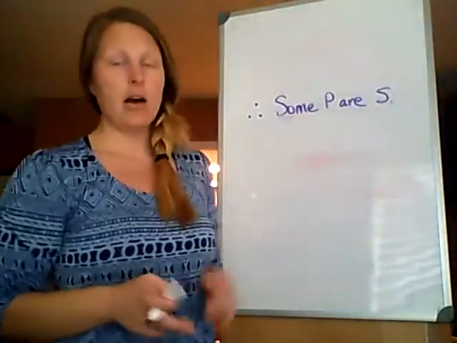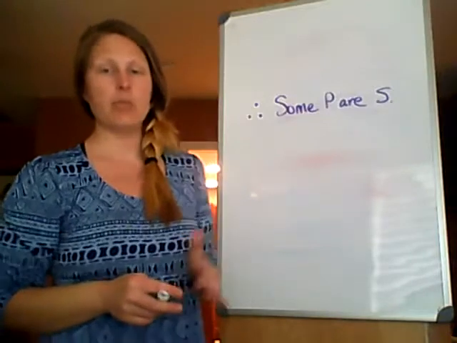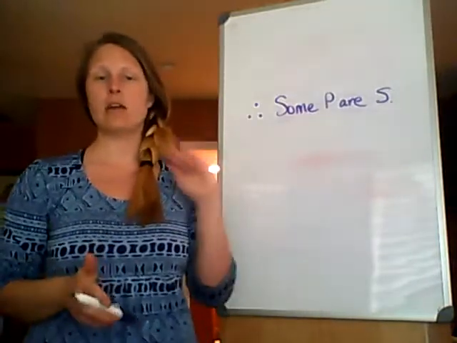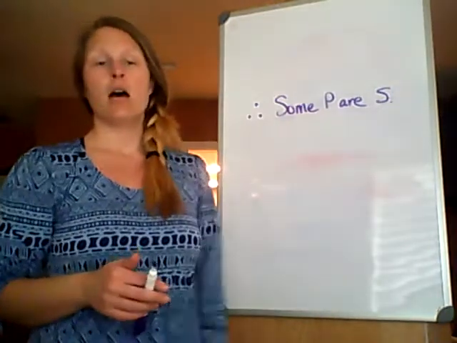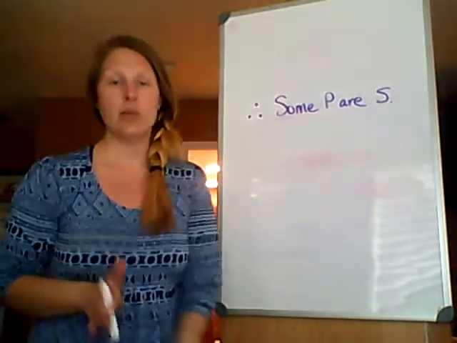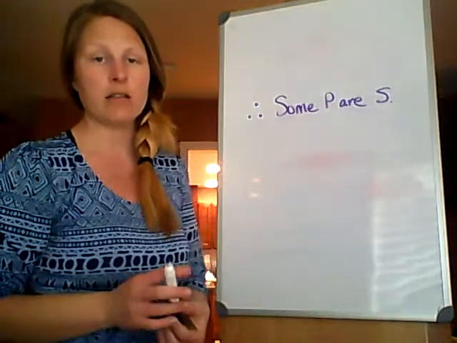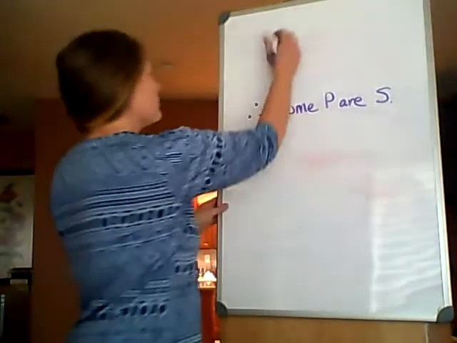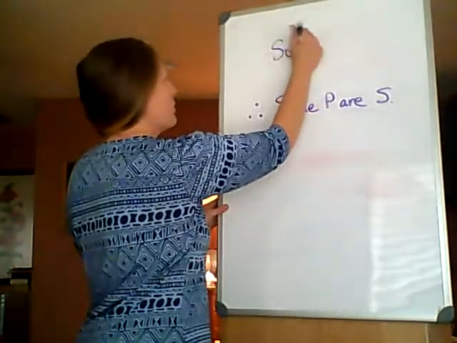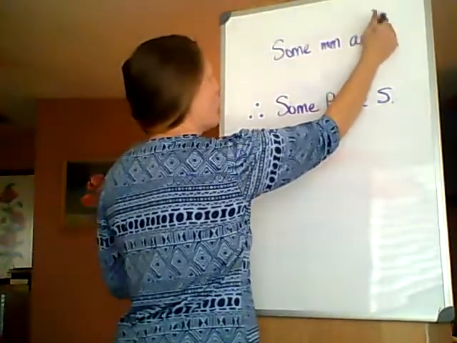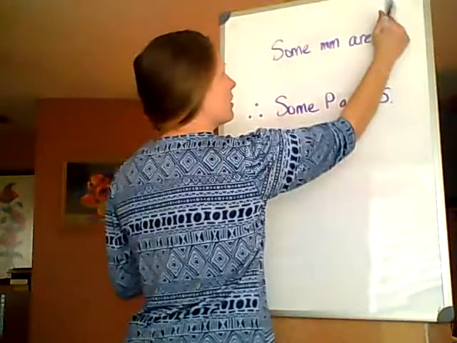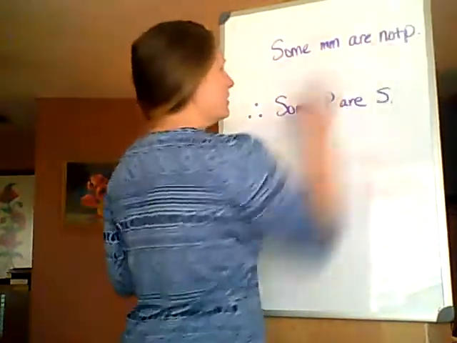Okay, now my two premises. Remember, since we're drawing diagrams, I don't really care which order they go in, so I'm just going to go in the order that it's in on your assignment. So the first premise says some modern maps are not parchments.